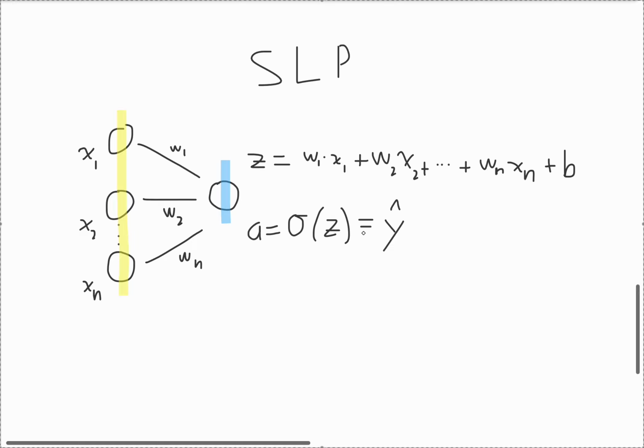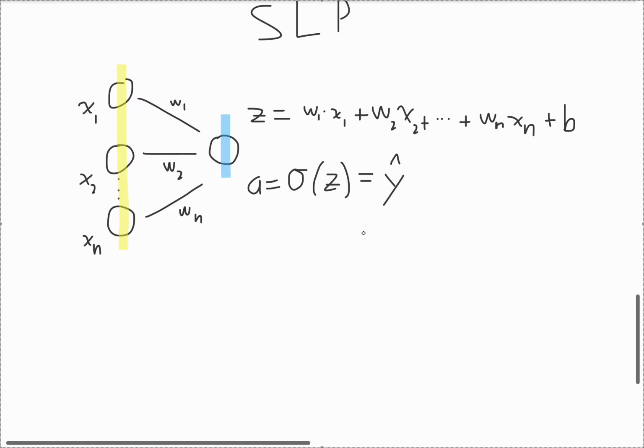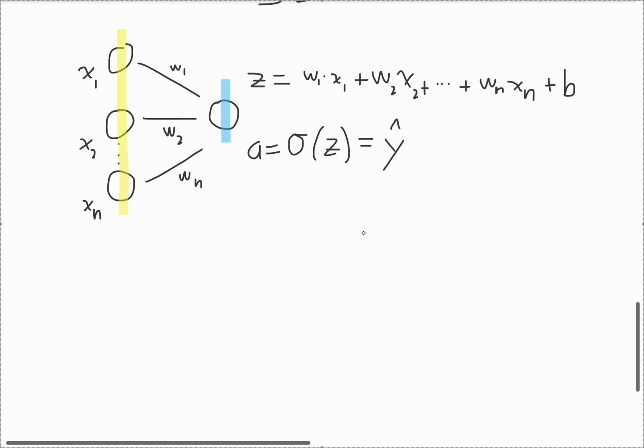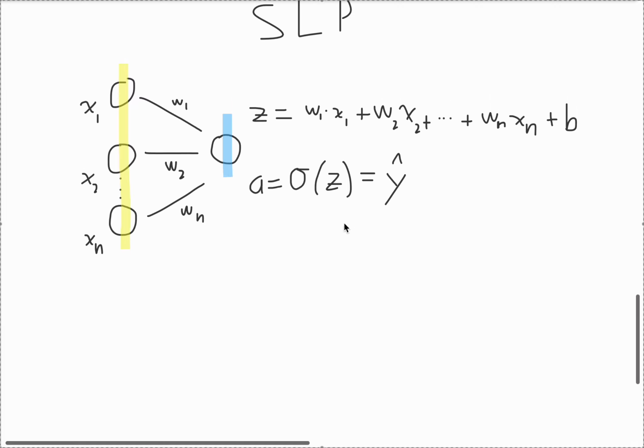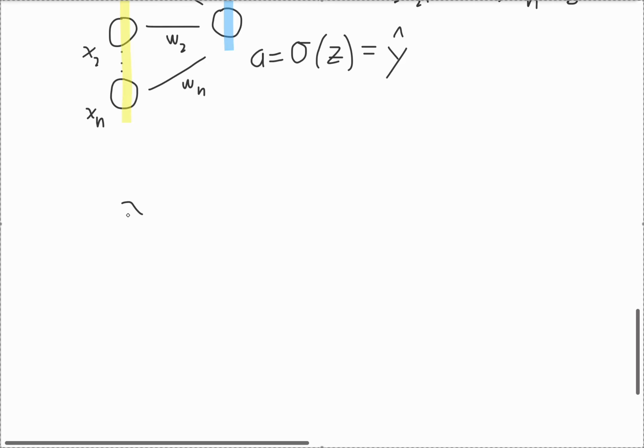To make it simpler, let's assume I have a single layer perceptron with 3 input neurons, so I have inputs x1, x2, and x3.